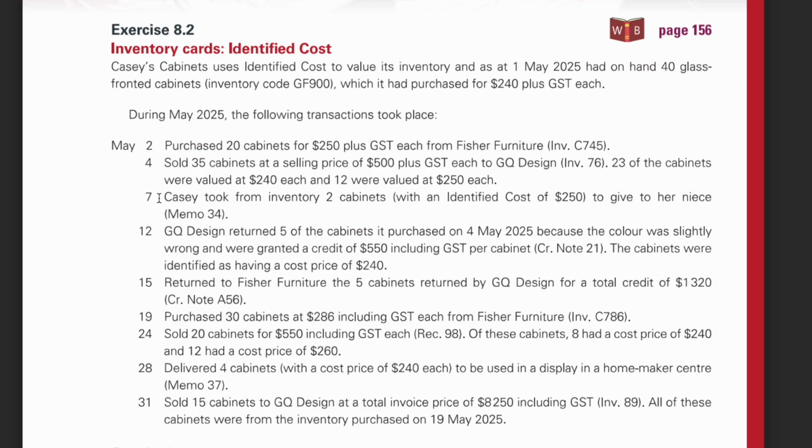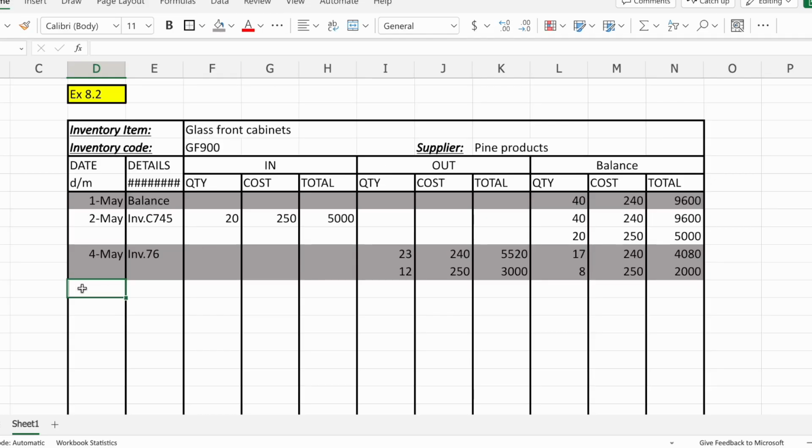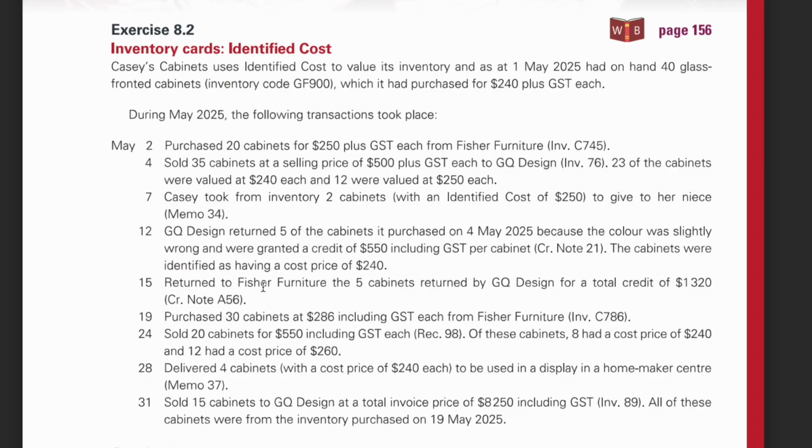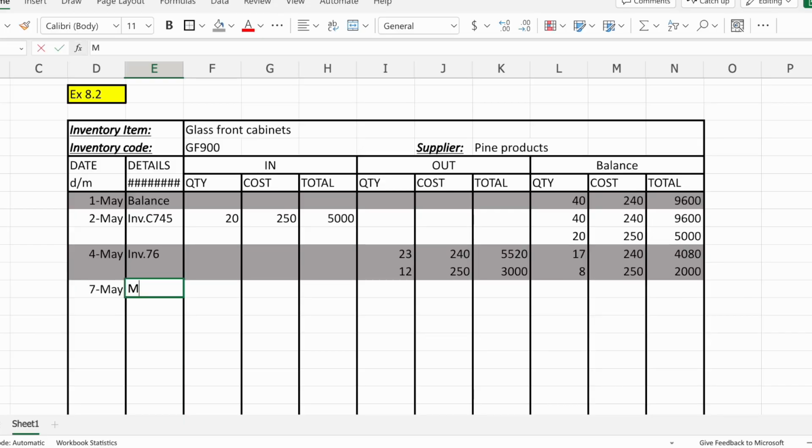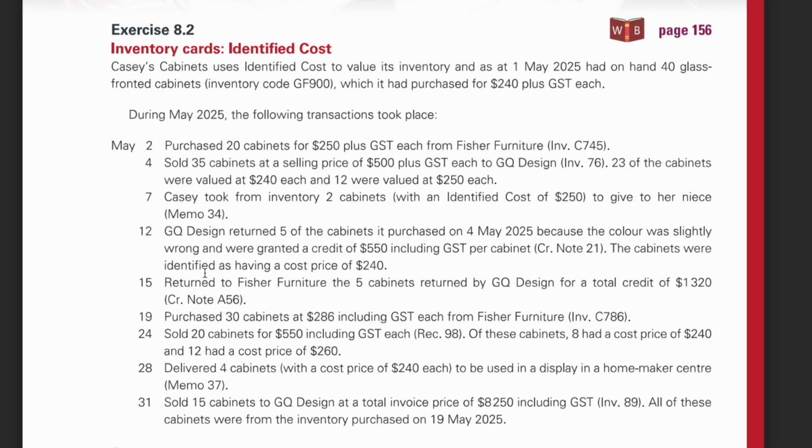So May the 7th. Now it's a memo. So what did we say that memos are for? Okay, so when we record this, we'll put the source stock here, and so that's memo 34. Now let's see what the question's asking us to do.